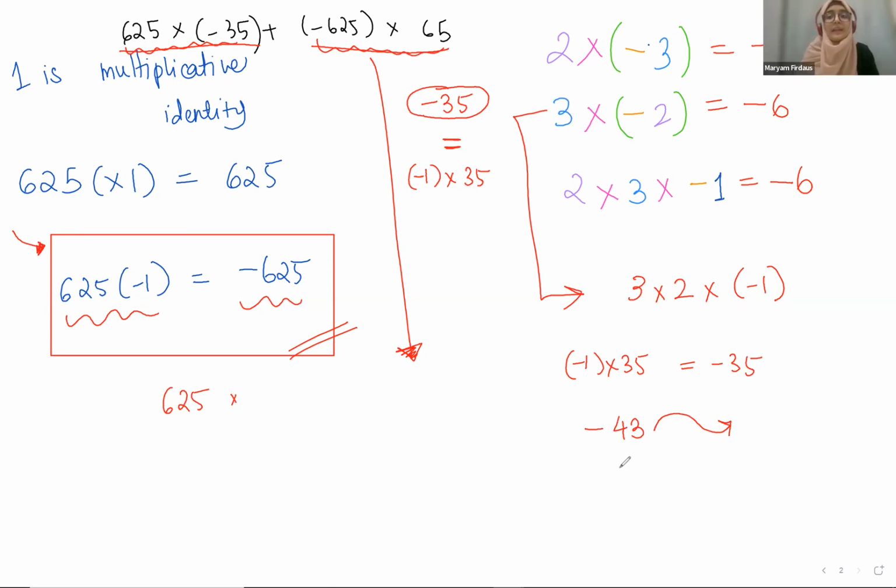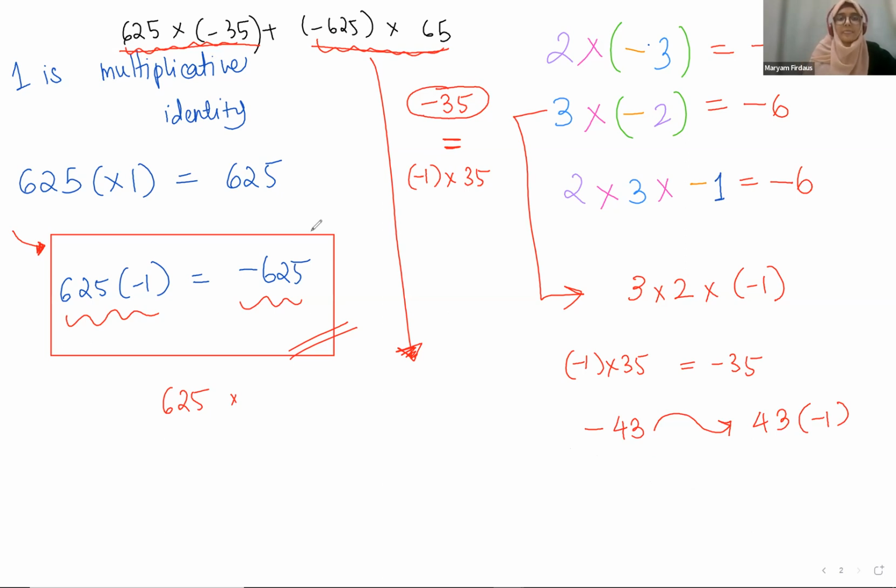No, sorry, not multiplying it. You multiply 43 with negative 1, right? Yeah. Okay. When you're saying multiplying it with negative 1, it means this. If you multiply negative 43 by negative 1, it gives you 43, right? So we're not going into that. When you multiply 43 with negative 1, it gives you negative 43.